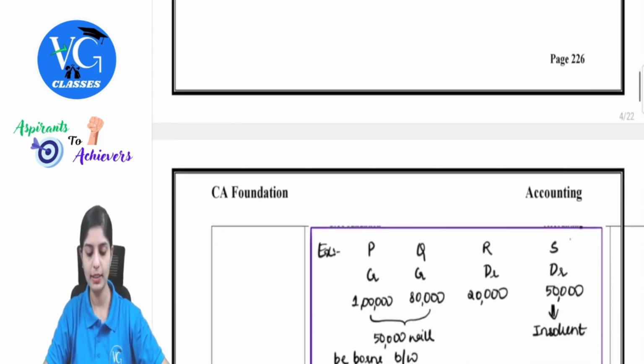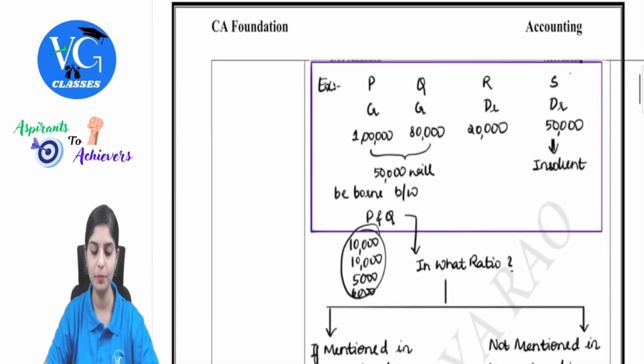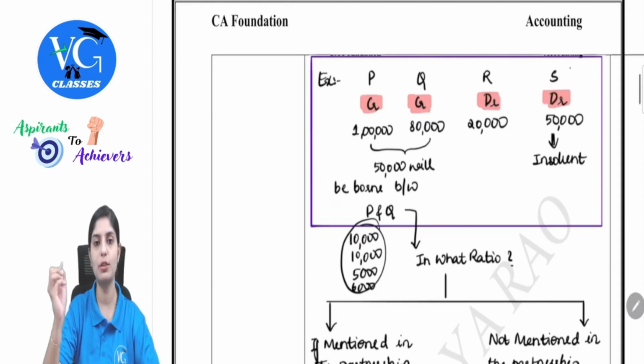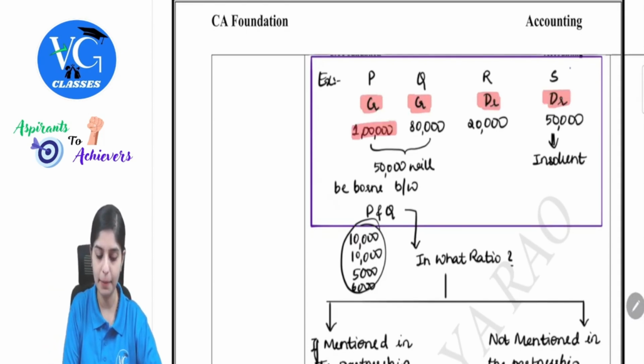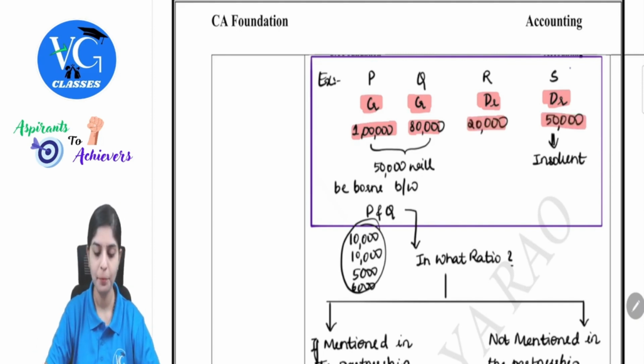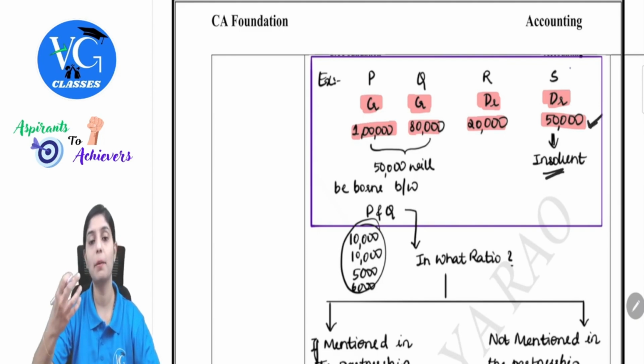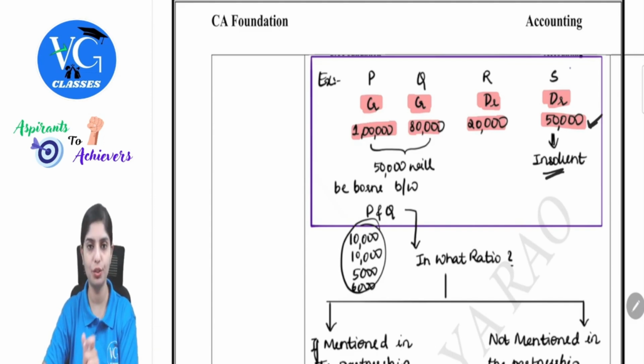So how to consider this? Observe this example. There are four partners P, Q, R and S. There is a credit balance of P, credit balance of Q, debit balance of R and debit balance of S. These are their capital balances: 1 lakh, 80, 20 and 50. So in this case, S is confirmed as insolvent. 50,000 is his part of capital, which definitely has an impact of deficiency on the firm.